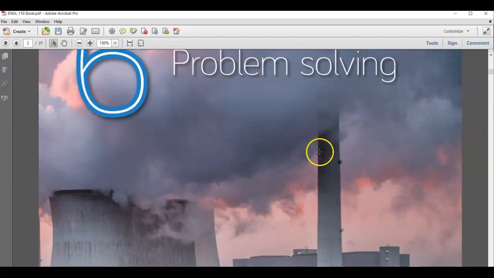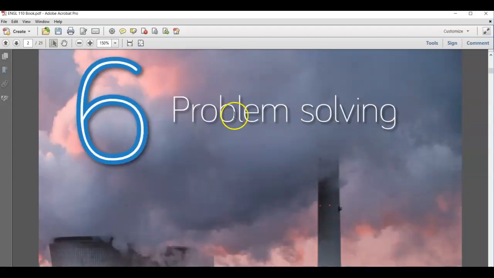It looks like it's polluted. And the title of the unit is problem solving, which means in our daily life, in your job, in your study, we face a lot of problems. And if you want to be successful in what you do, you should be able to solve problems.